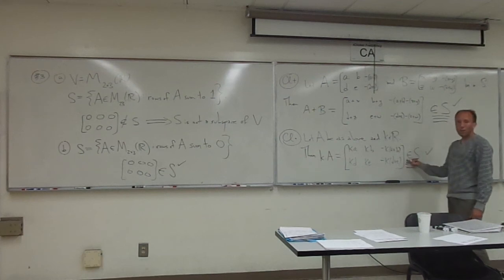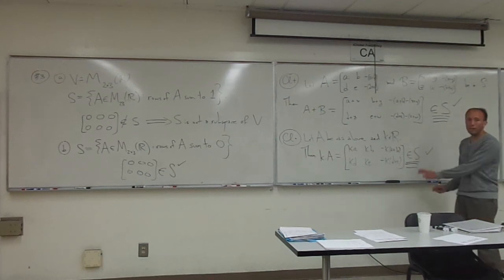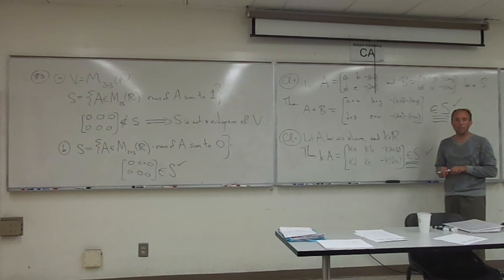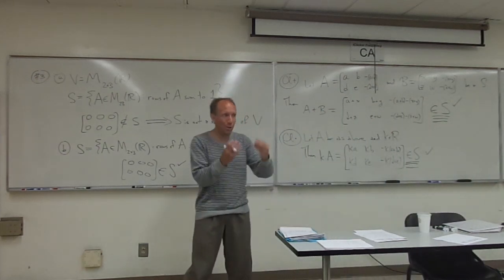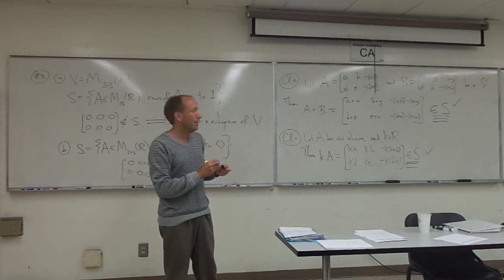So important to write element of S there. I will take off points if I don't see that. That absolutely has to be there. The conclusion is that you've got a result that is an element of S. Okay.